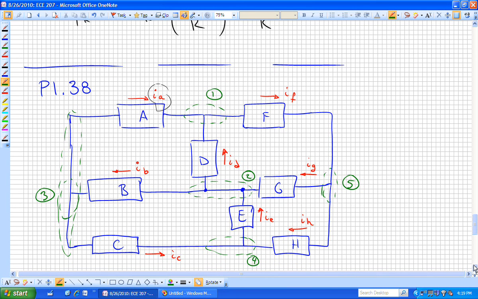We have one current going into 3, 2 going out. I sub B minus I sub A minus I sub C. Is that correct?